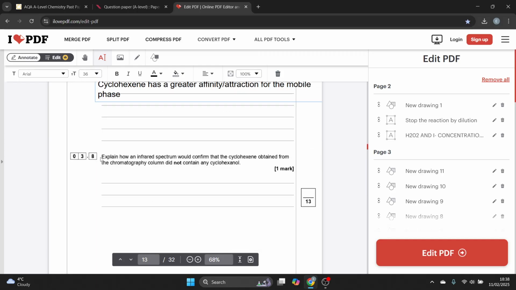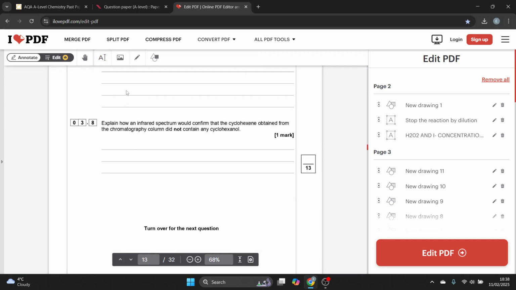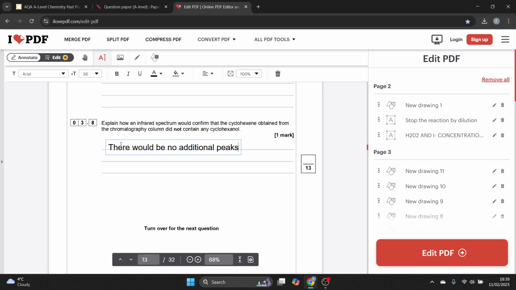Next, explain how an infrared spectrum would confirm that the cyclohexene obtained did not contain any cyclohexanol. The idea that there would be no additional peaks in the fingerprint region.